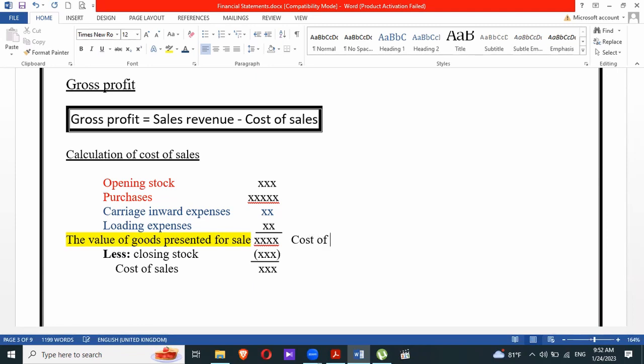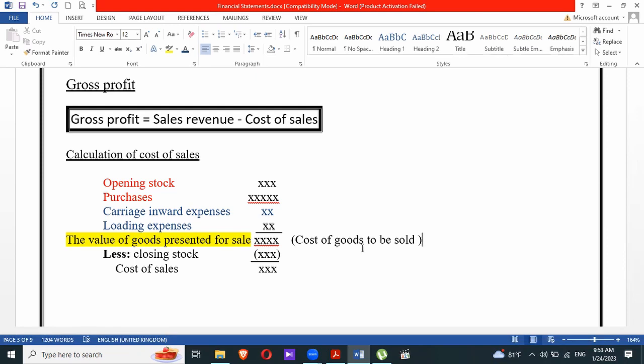So now our answer is cost of goods to be sold, that means the cost of goods ready to be sold.